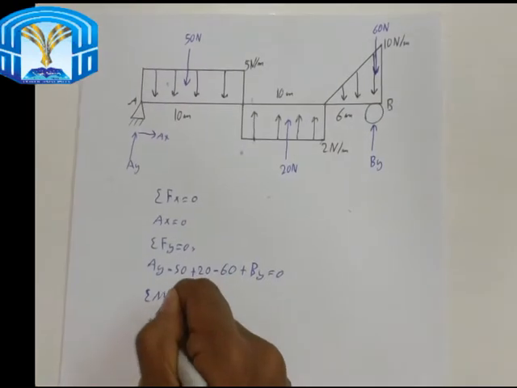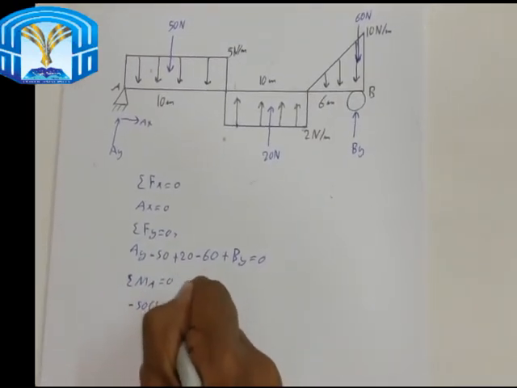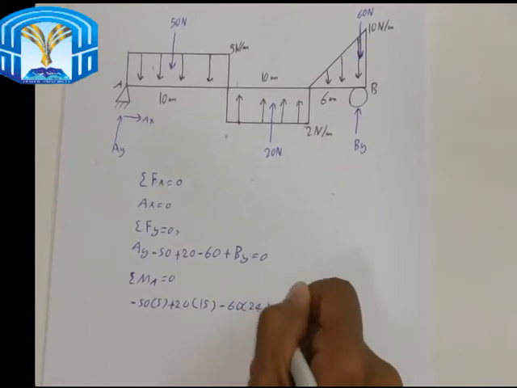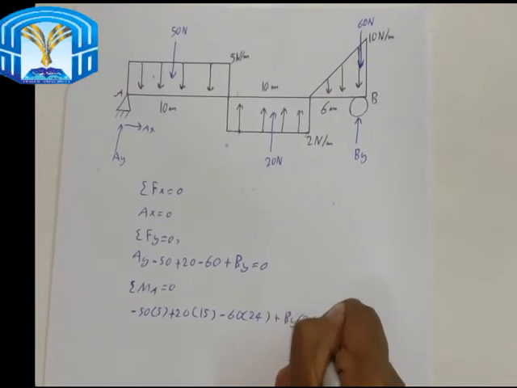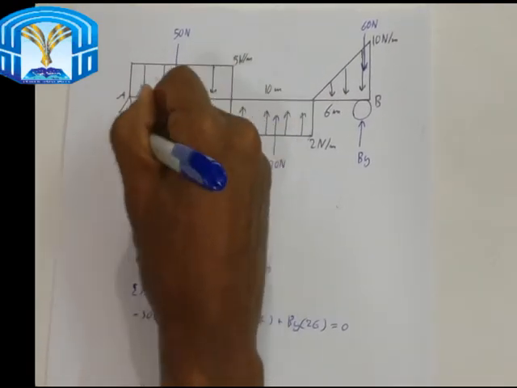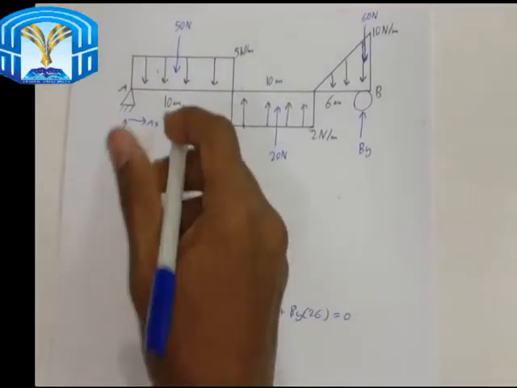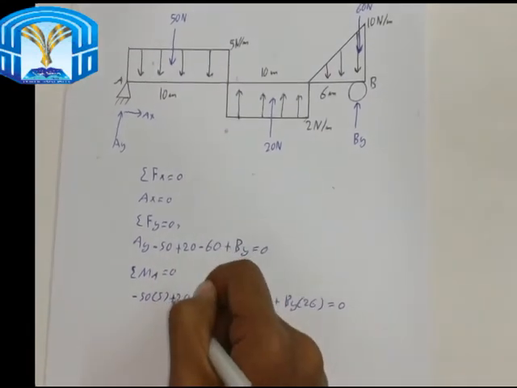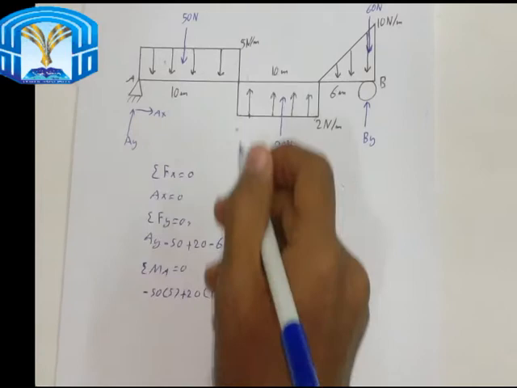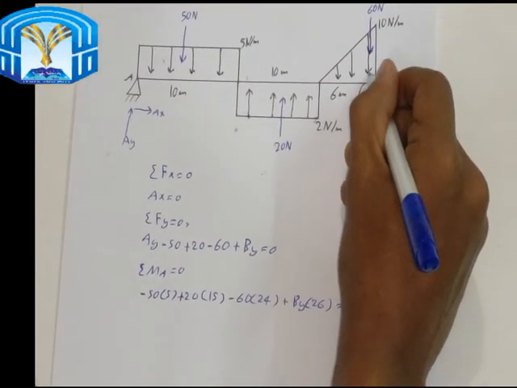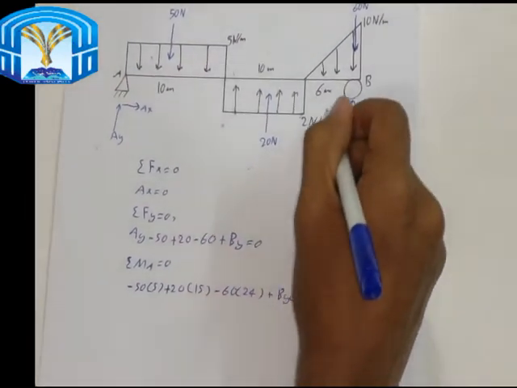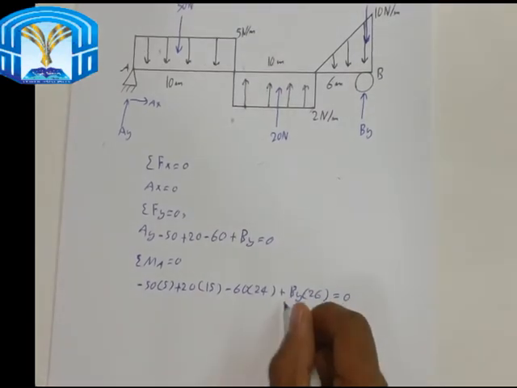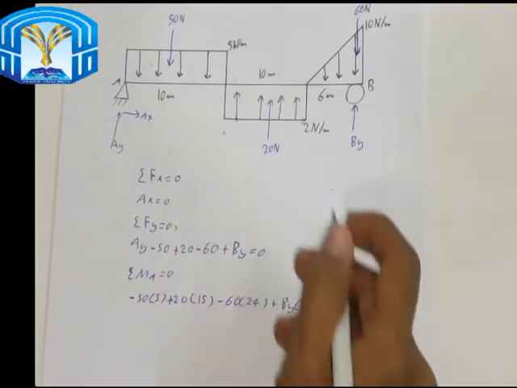So it will be minus 50 because it is clockwise, so it will be negative, and distance 5 because it is in the middle, and 20 in the opposite clockwise, so it will be positive, and in the middle will be 5 and 10 will be 15, and 60 at the 1/3 and in the clockwise, so it will be negative, so at 1/3 will be 4 plus 10 and 10, 24, and BY in the opposite clockwise will be positive, and the distance 6 plus 10 and 10, 26, equals 0.